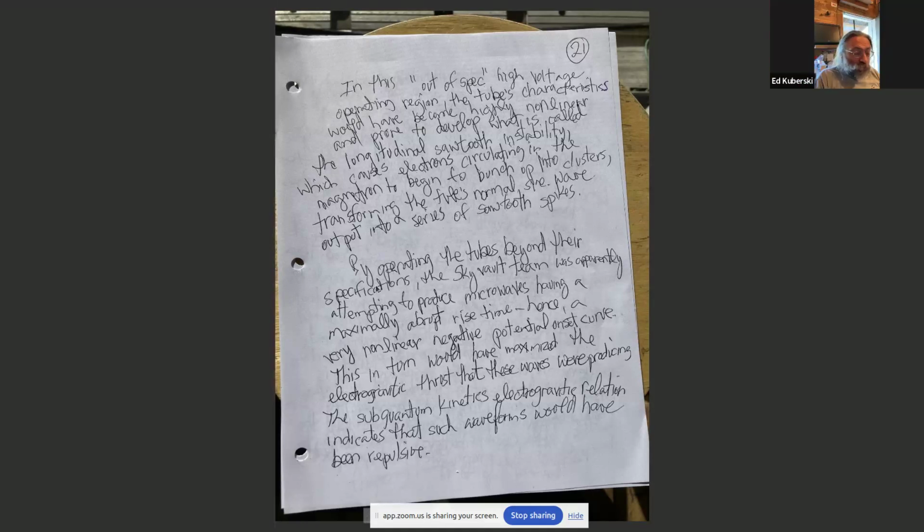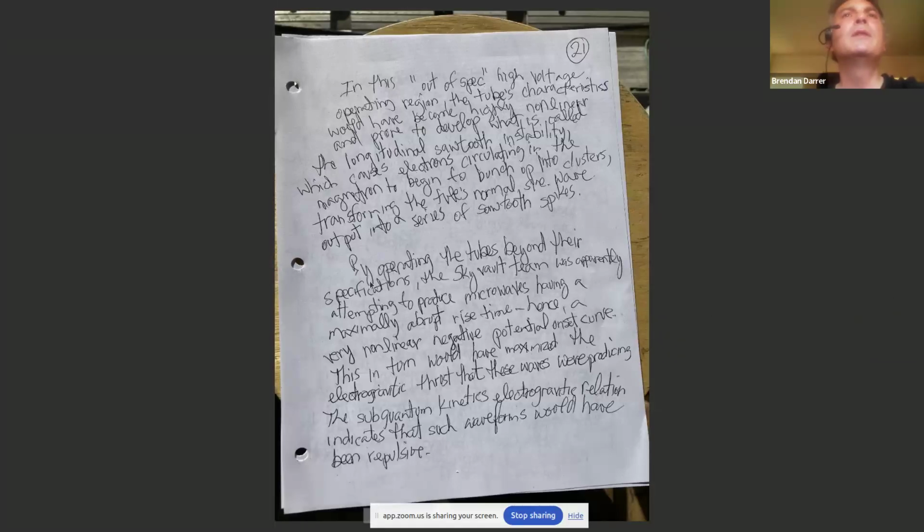Yeah, so that's really important. We're operating them out of spec at very high voltage. Also, the longitudinal sawtooth versus the sine wave, but they bunch up in clusters, so that sounds like charge clusters to me, right?